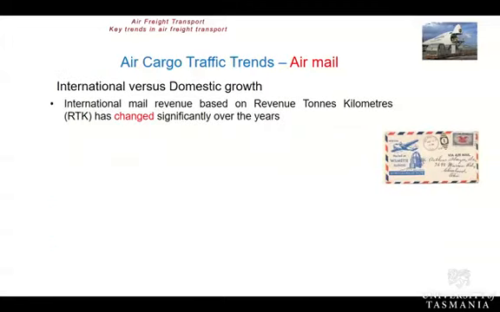I now want to have a look at the trend of air mail, international versus domestic growth. International mail revenue based on revenue tonnes per kilometre has changed significantly over the years, as you would expect. So if we think back to those early days of aviation, the main goods that were carried, or the main cargo that was carried on freighter aircraft, or any aircraft really, was going to be air mail.